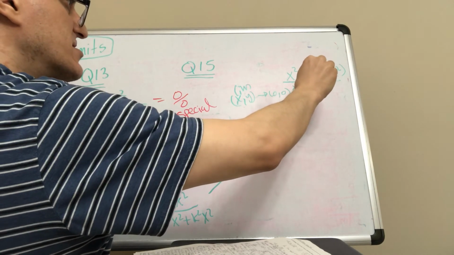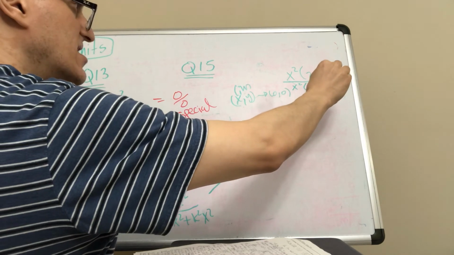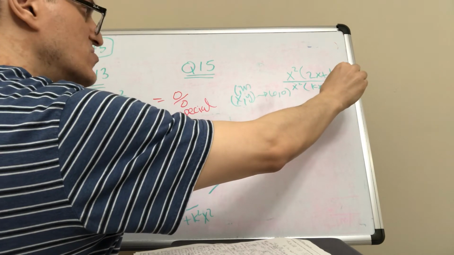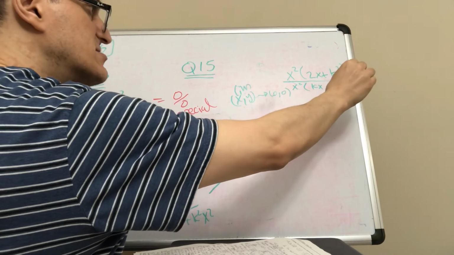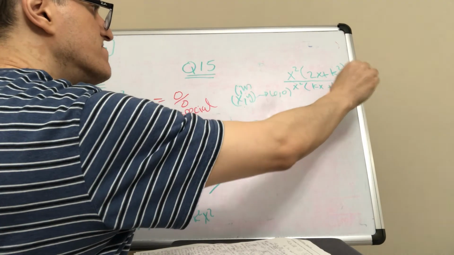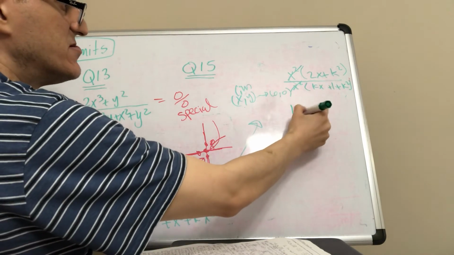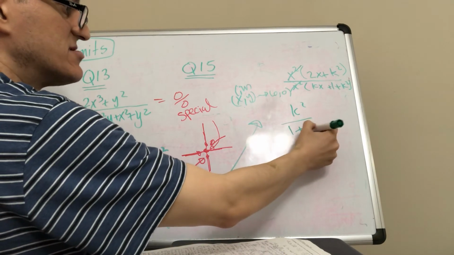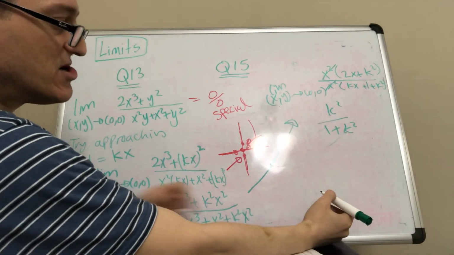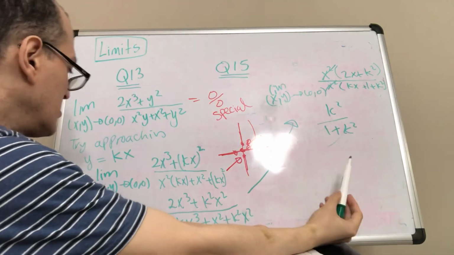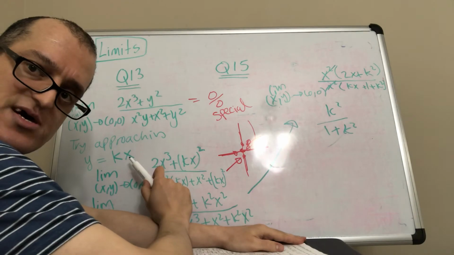I take x squared common factor, have xk, 1, k squared, cancel, put the 0, that'll give you k squared over 1 plus k squared. So this is the result of the limit when you approach it from a straight line.